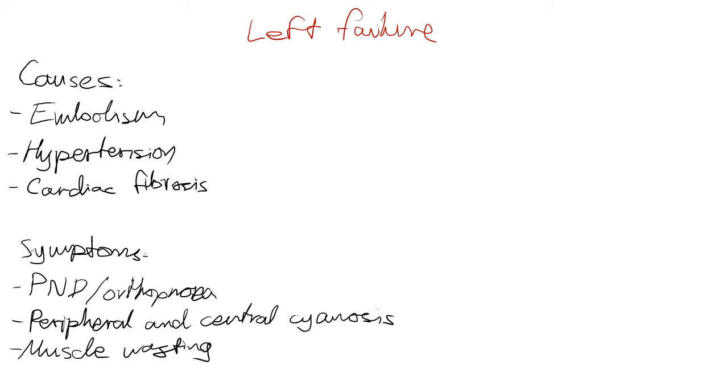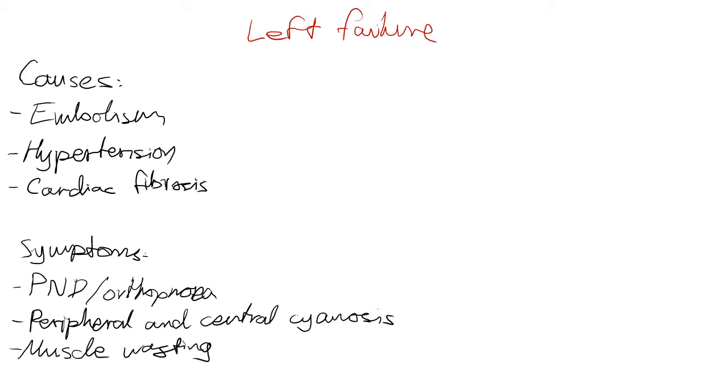Other symptoms include the loss of weight, and there's not usually any ascites or edema, because there's not the accumulation of fluid within the systemic circulation as seen in right-sided heart failure.